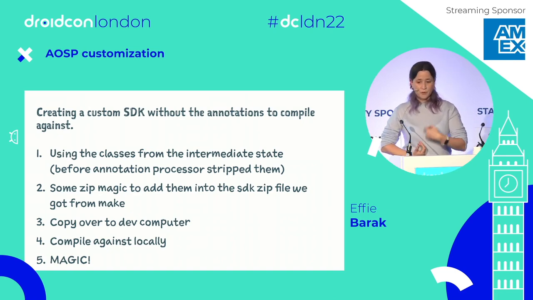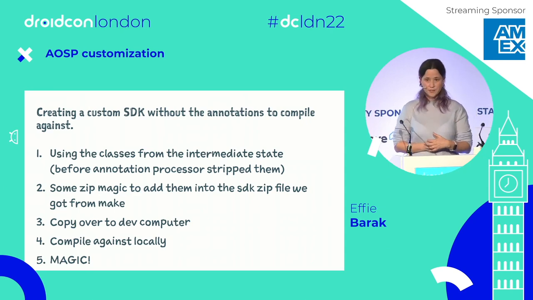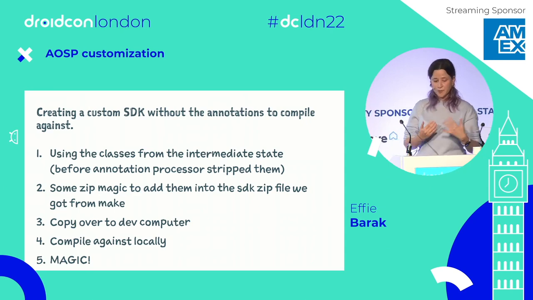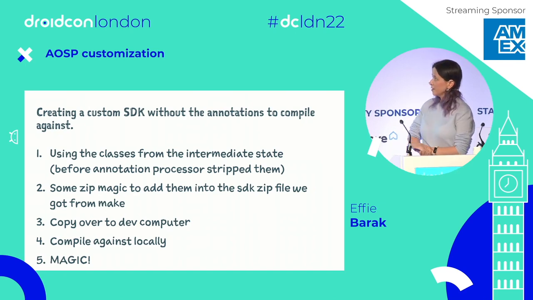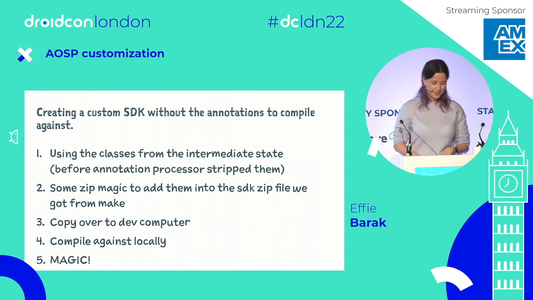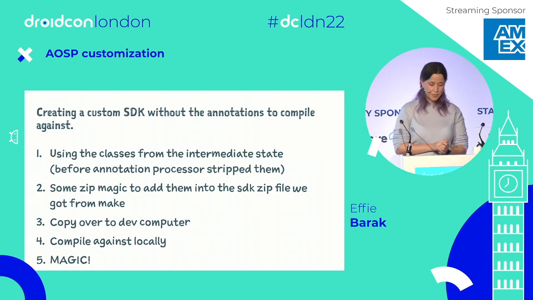So if we go into our own AOSP build and look into all the intermediate classes that were built before this annotation processing happened, we can just take those. We take those with some zip magic, create an SDK that is our sort of cheating SDK, move that to our dev computer, and compile against that locally. And then we get our magic.